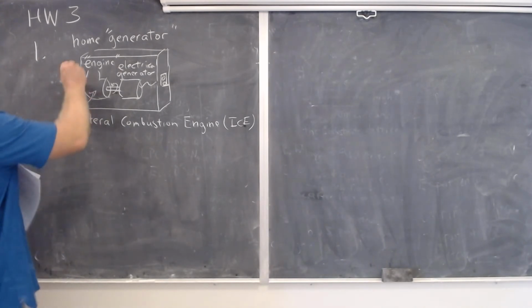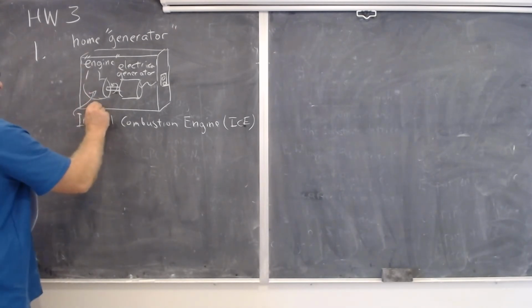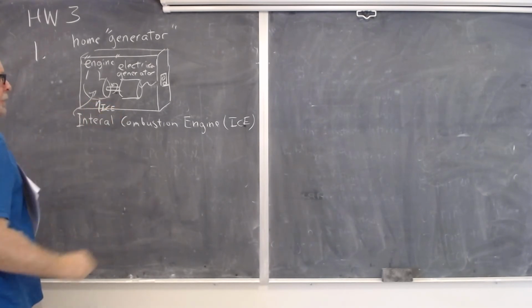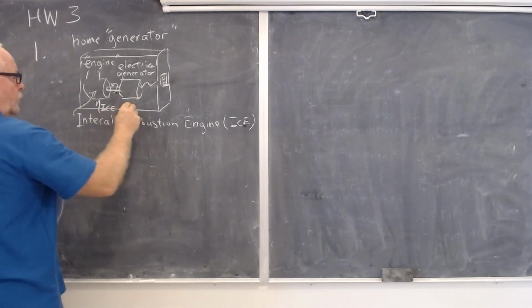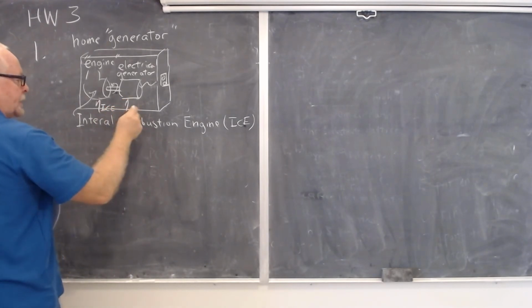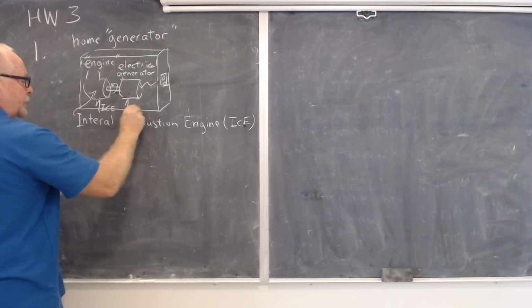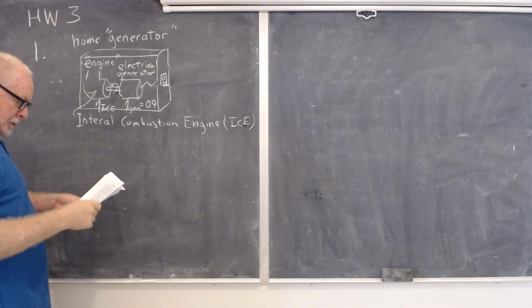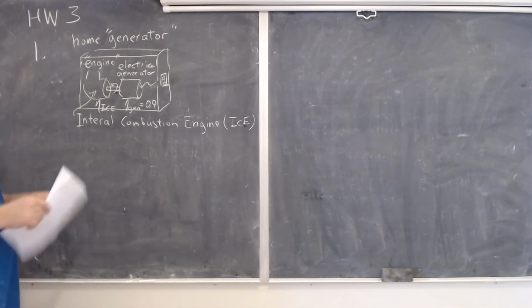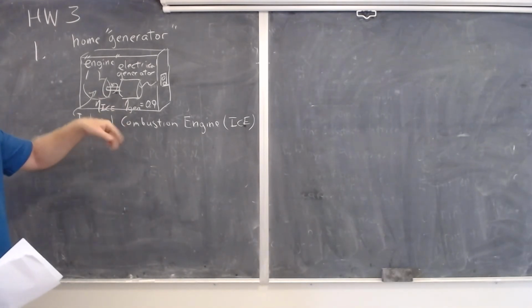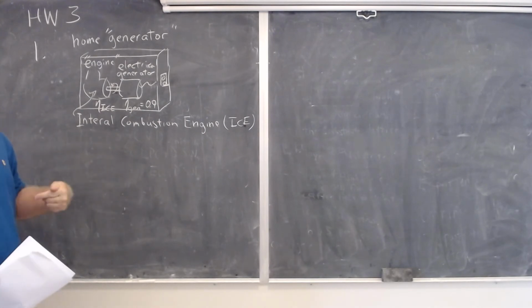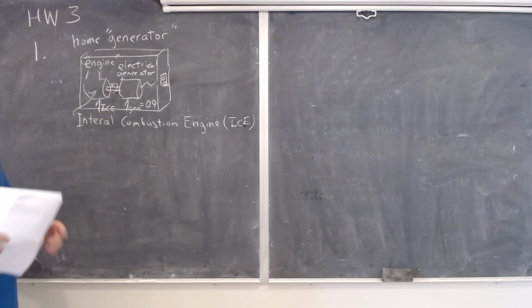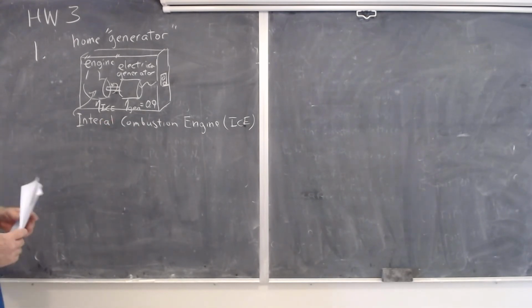And now, basically, the problem was to calculate the efficiency of this internal combustion engine, and to do that, I said you could assume that the efficiency of the generator was 90%. Okay, and we'll learn later why the efficiency of electrical devices that convert either work to electricity or back again is so high, around 90%.